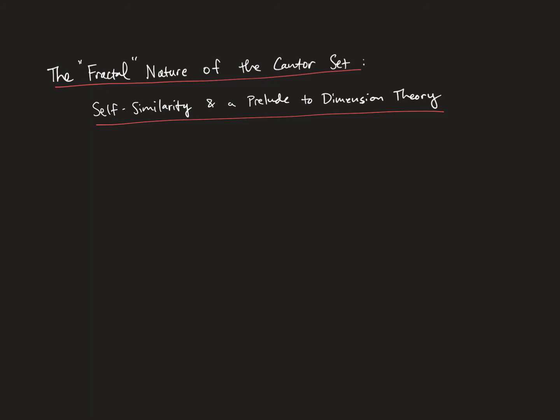But now I want to shift course and talk, not very rigorously, about a different aspect of the Cantor set, something that leads in a totally different direction. This is not really even a proper introduction, just to whet your appetite for something different.